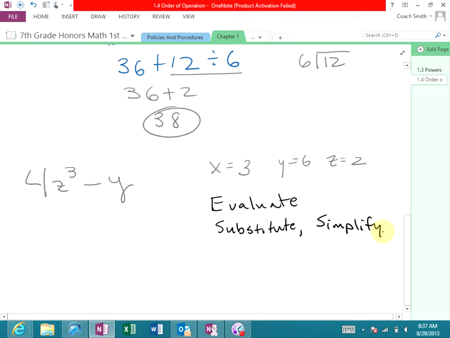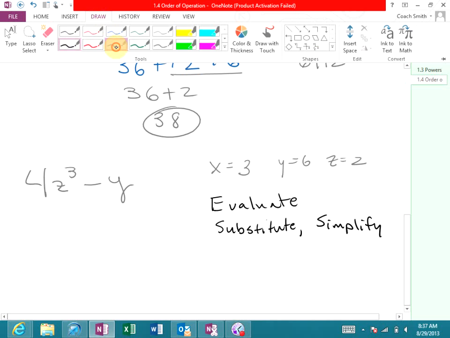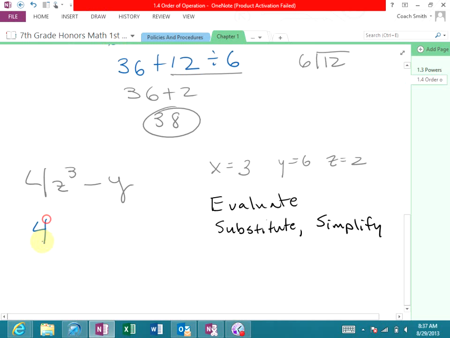That's what evaluate means, to substitute and simplify. So our substitution here, we take 4 times z, which is what? 2. So we're going to take 2 to the third power minus y, which is 6.